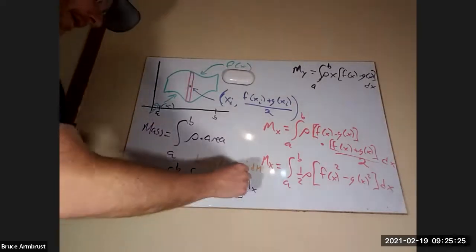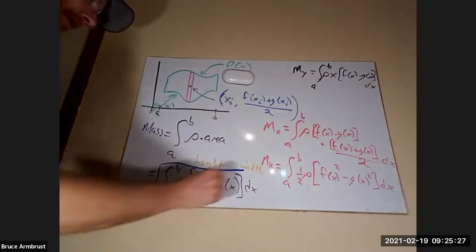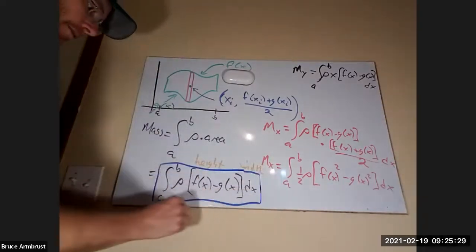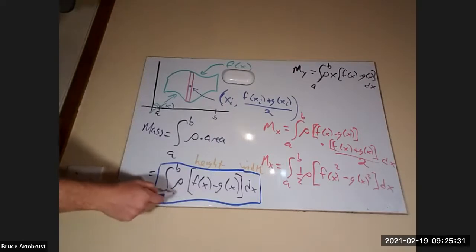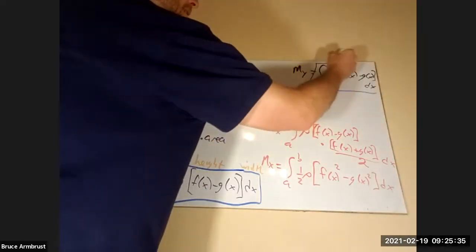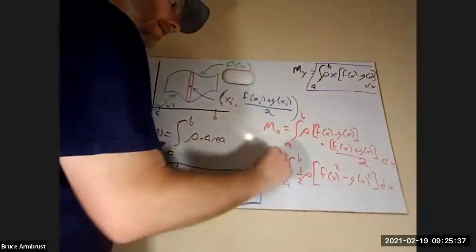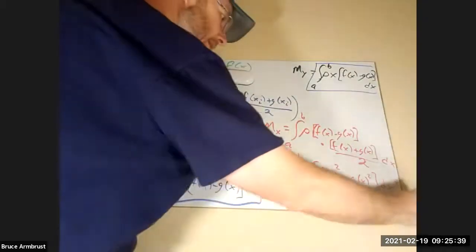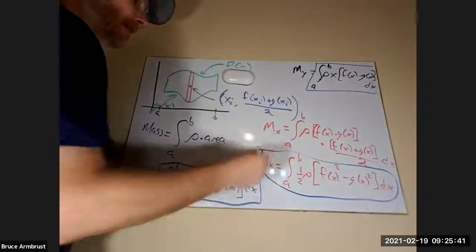So, because I know you all want boxes, this one, the purple one, is how we find the mass. The black one is how we find the My. The red one is how we find the Mx.